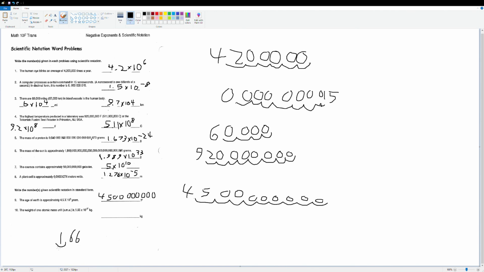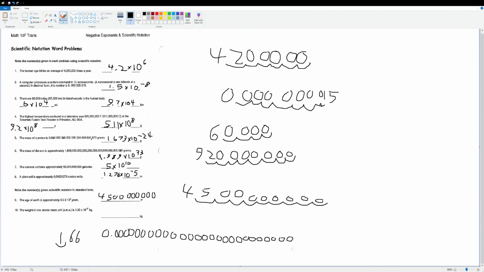So we're going to write out 0 point followed by 26 zeros. 1, 2, 3, 4, 5, 6, 7, 8, 9, 10, 11, 12, 13, 14, 15, 16, 17, 18, 19, 20, 21, 22, 23, 24, 25, 26.